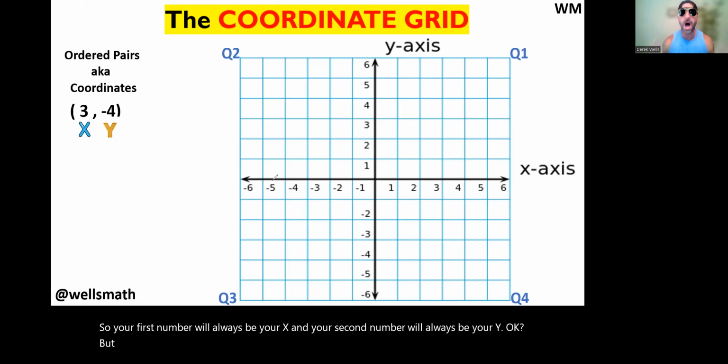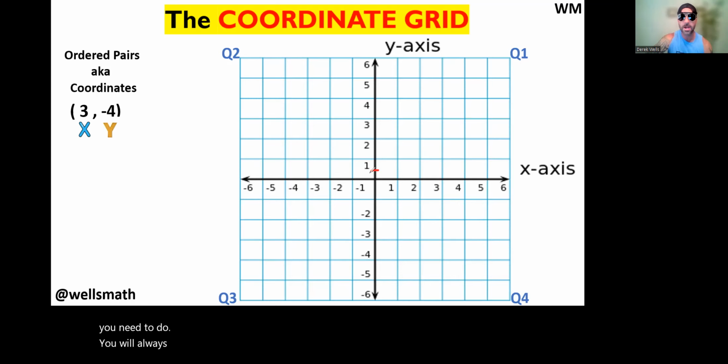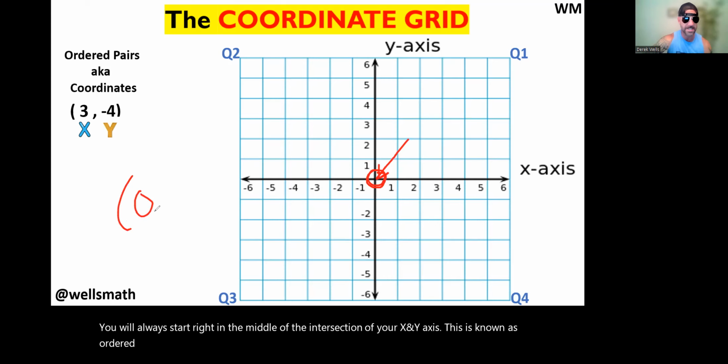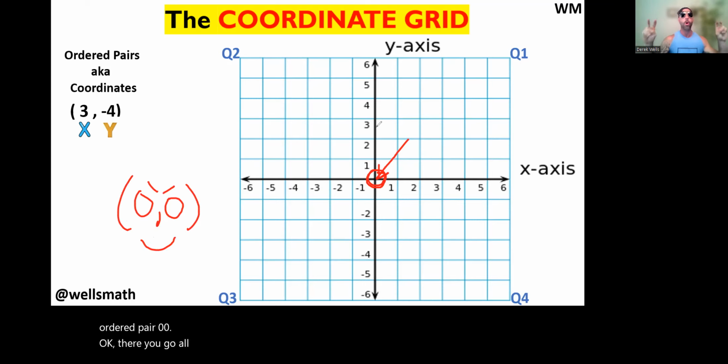But now let's plot this point on our coordinate grid or our coordinate plane, okay? The first thing you need to do, you will always start right in the middle of the intersection of your x and y axis. This is known as ordered pair (0, 0). Also known as the origin.